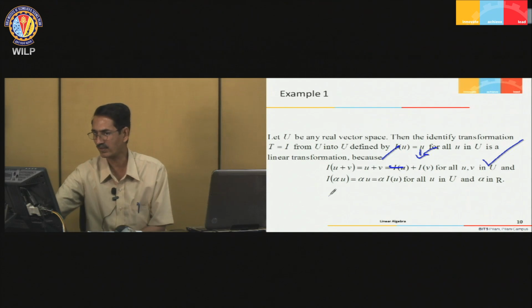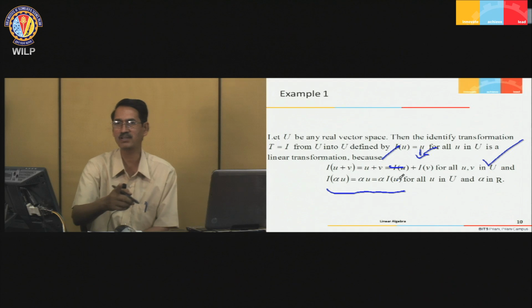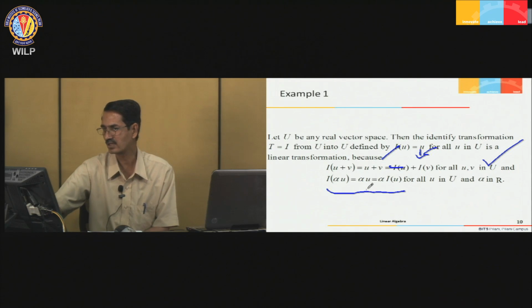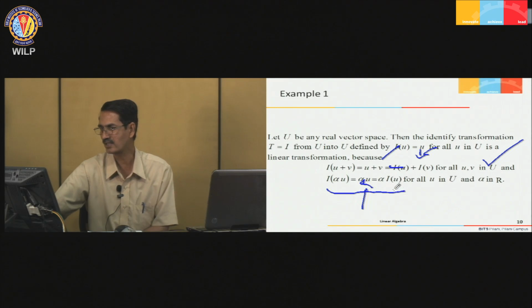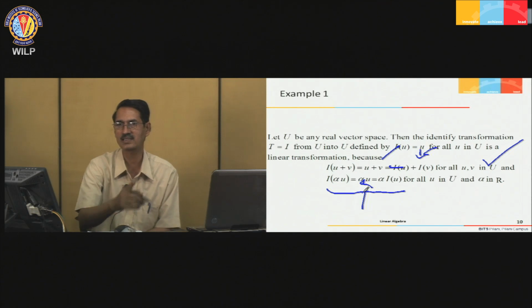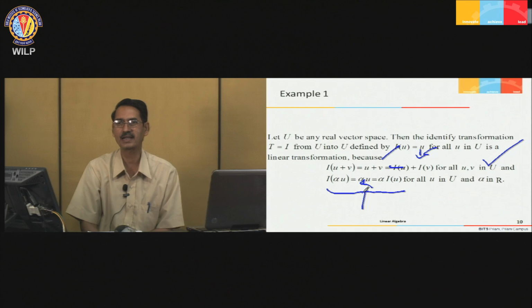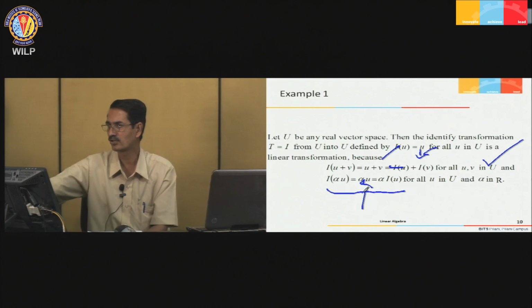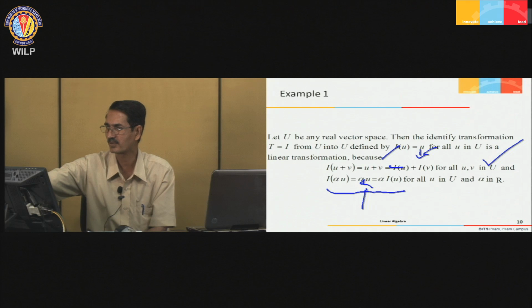And I of alpha u is equal to alpha u because I is the identity transformation, which is alpha times I of u. Therefore, I, the identity transformation, is a linear transformation. Similarly, you can check that the zero transformation is also a linear transformation.